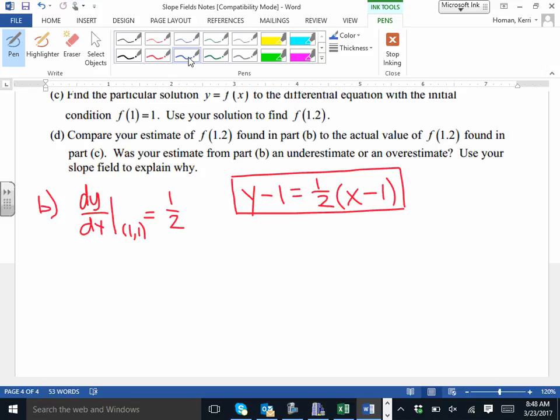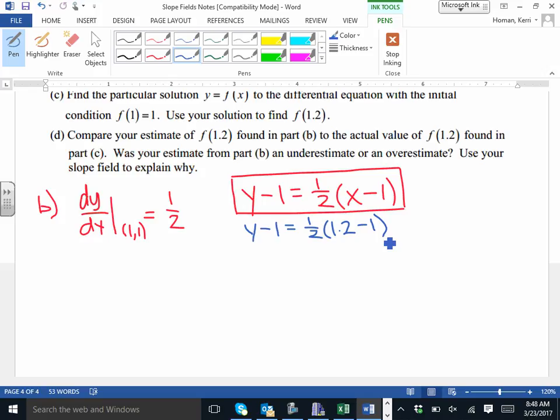So we have y minus 1 equals 1/2 times 1.2 minus 1. What is 1.2 minus 1? 0.2. And what happens when we take 0.2 and multiply it by 1/2? 0.1.